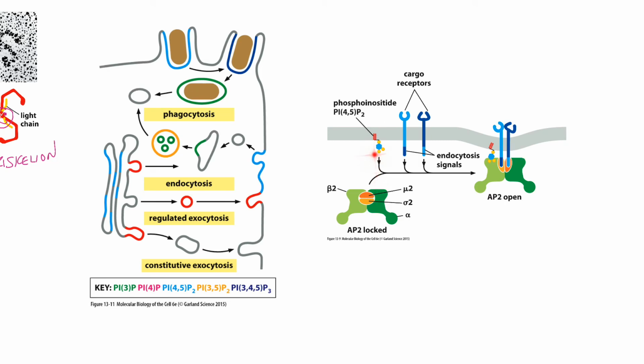If that happens, then you get a conformational change that opens up the binding sites of AP2 so that it, in complex with the phosphatidylinositol, can now make those contacts with the cargo or cargo receptors, and that brings clathrin in, and the rest is as shown on that previous diagram.